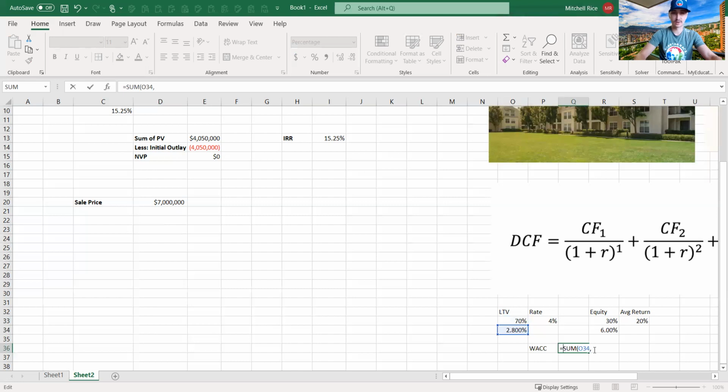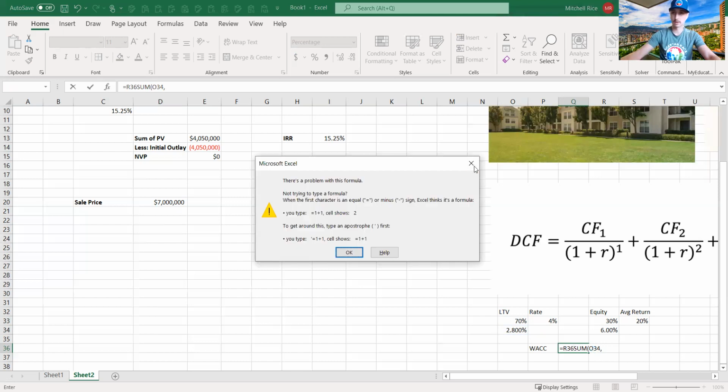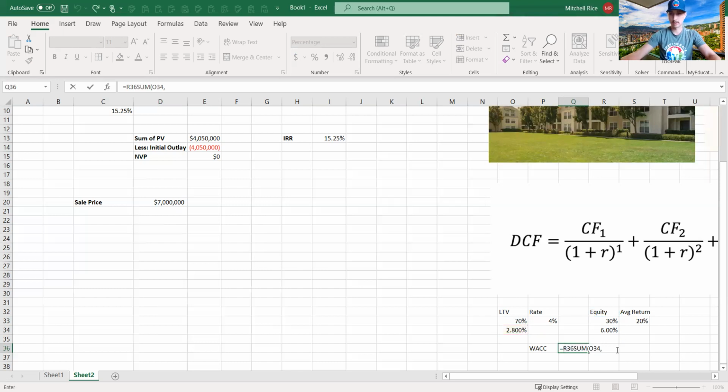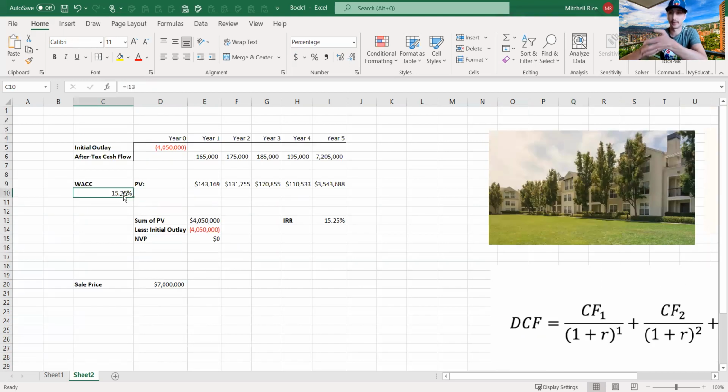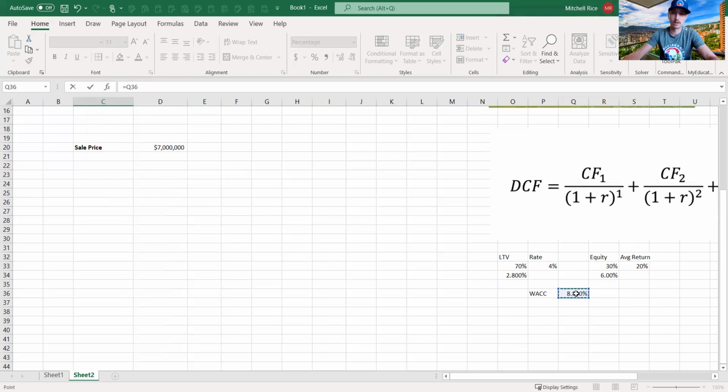If you need to get out of a cell without touching your mouse, just do the F2 trick. Sorry, that didn't work. Just redo this. There we go. So that's where I came up with the 8.8% that I put here originally. So that is going to be our discount rate that we use.